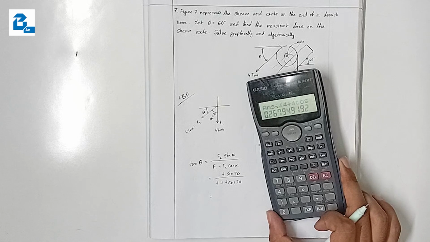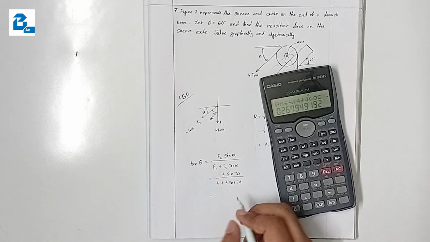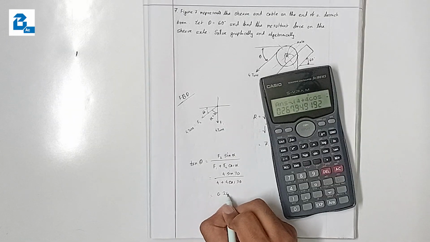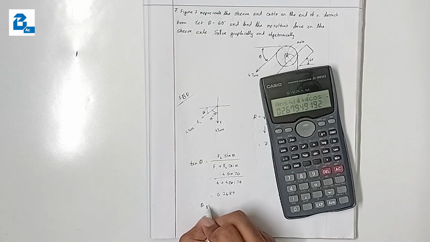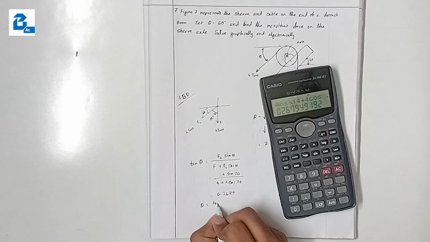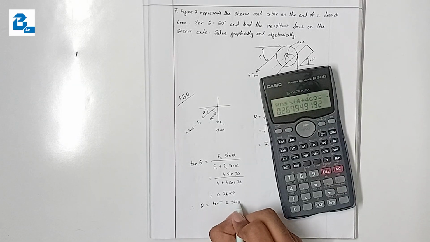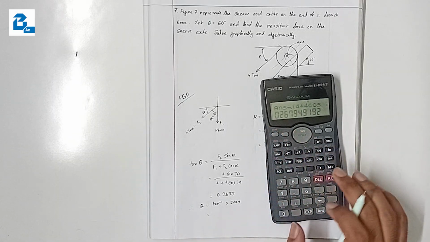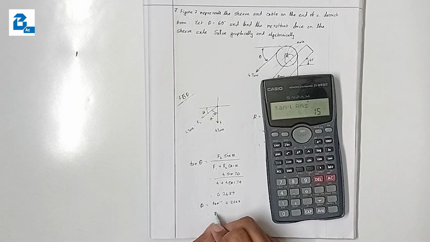We get something like 0.2679. Therefore theta would be tan inverse 0.2679, which equals 15 degrees.